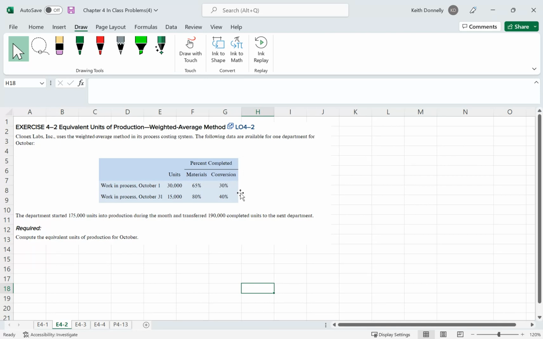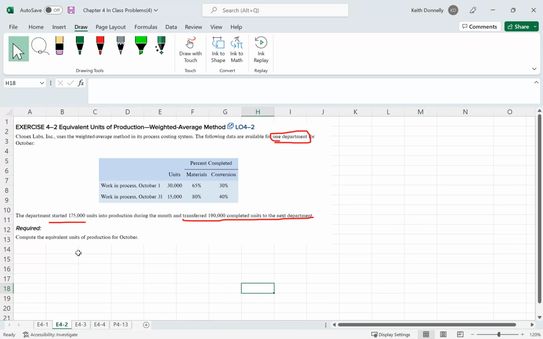It's called conversion cost. Now it says here the department started 175,000 units into production during the month, and it transferred 190,000 completed units to the next department. Okay, so we're looking at, in this case, one department, right? And it started 175 and it transferred 190 to the next department.